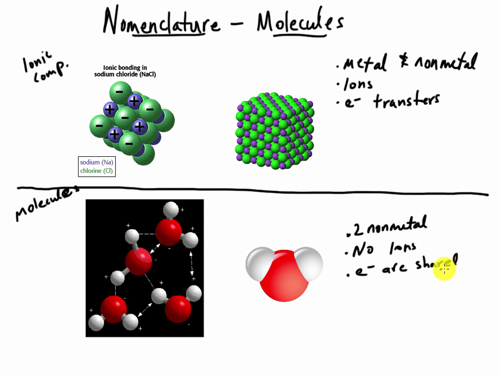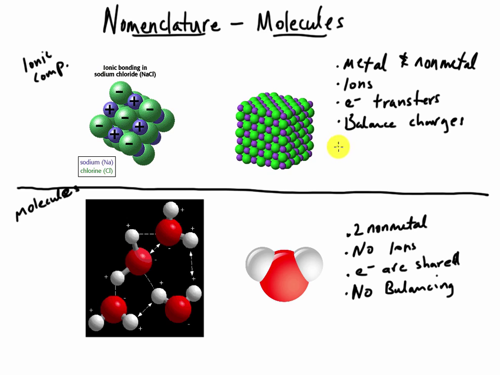And that's going to be the reason why we have to have the different naming systems, because there's no ions here. Here we balance charges, and we do not balance charges in a molecular compound because there's no charges. So we do no balancing, and that's why these tend to be the easier ones, since there's no balancing.